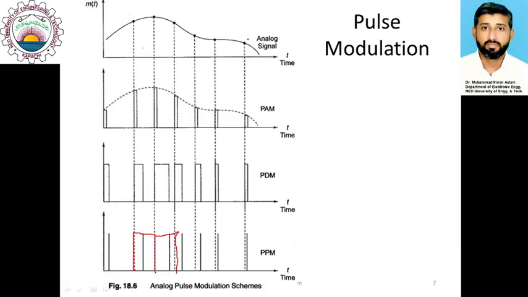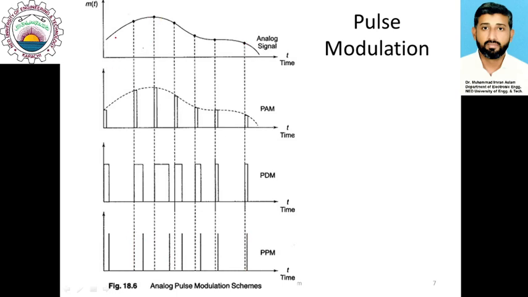You can see that the smaller the amplitude, the closer the pulse is placed to the start, and the larger amplitude means the pulse will be positioned farther from the start of this symbol duration. So you can see that the position is changing.